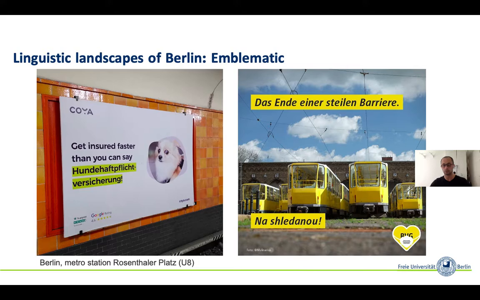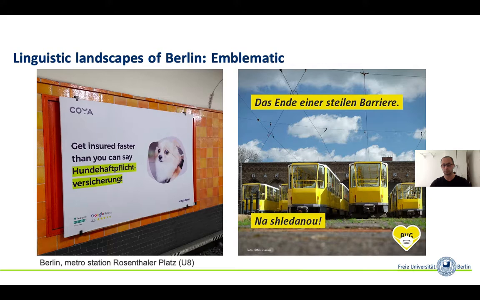At the same time, you can also have multilingual linguistic landscapes, or multilingual signs that combine different languages in one, that don't really have a communicative function that tells you, okay, there is something that you have to know, and this is in the language that you speak, so that you can understand it.